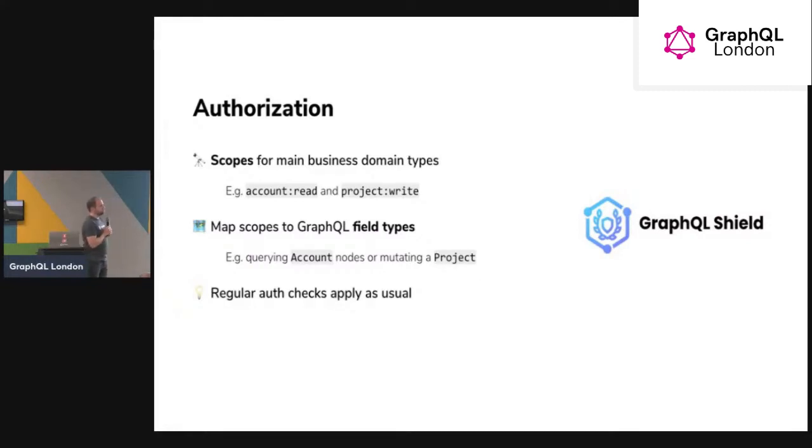But the downside of that is that if you add a new field that also somehow returns a project, then you need to think about dealing with authentication and filter out that particular field as well. Or if you do an allow list approach, you need to allow that particular field if you have that scope.